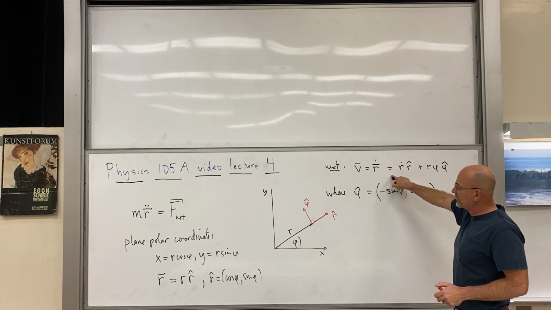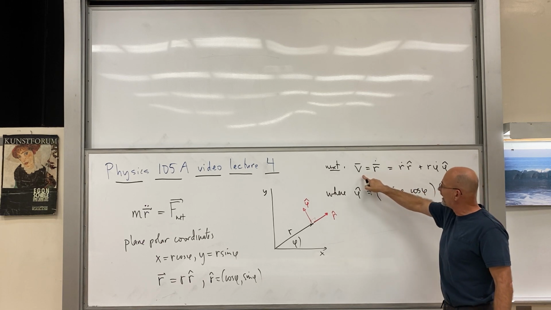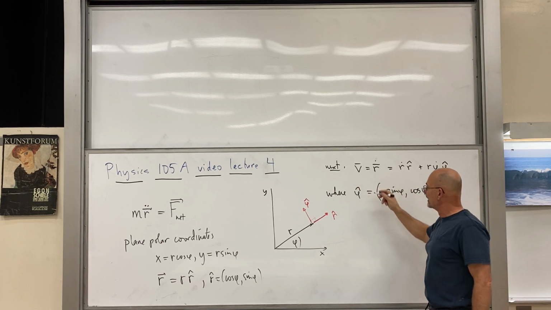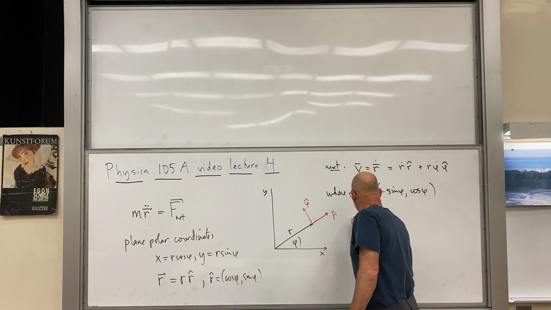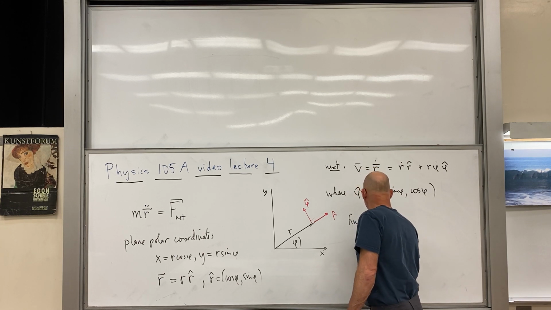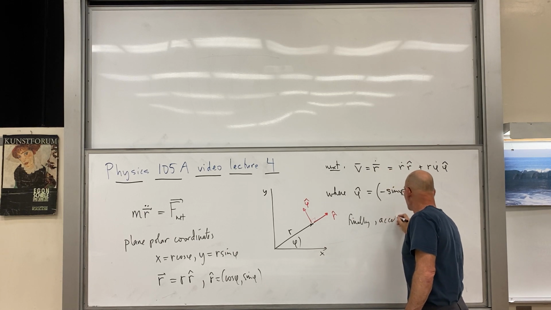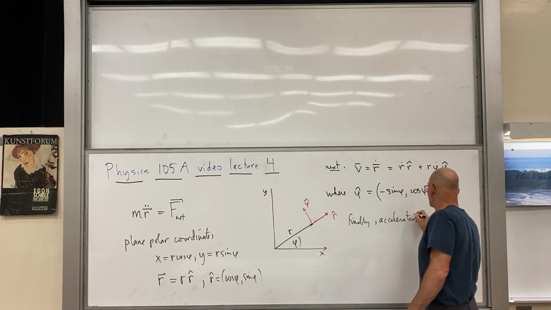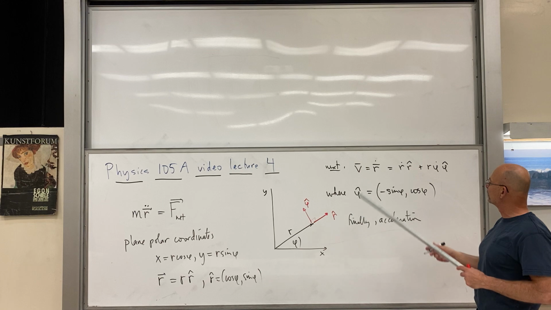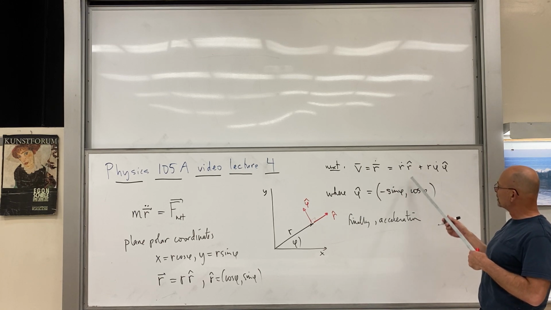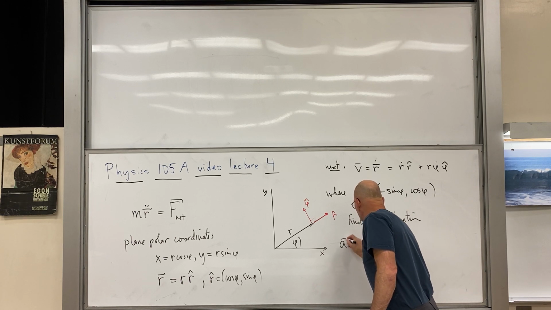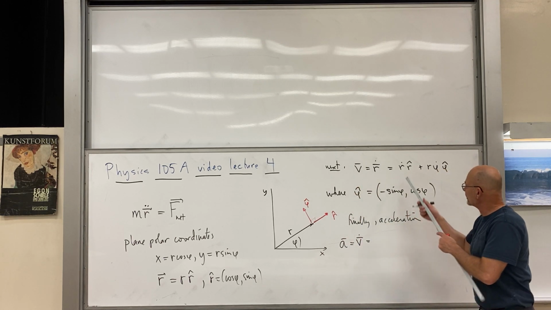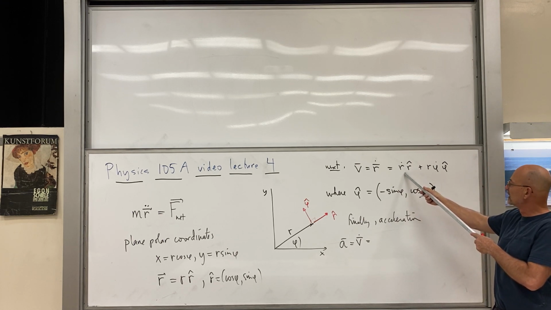What we still had left to do was to find the acceleration. So I'll write, finally, acceleration. We're just going to differentiate this expression. So acceleration is equal to the time derivative of v. We're just doing chain rules and product rules.